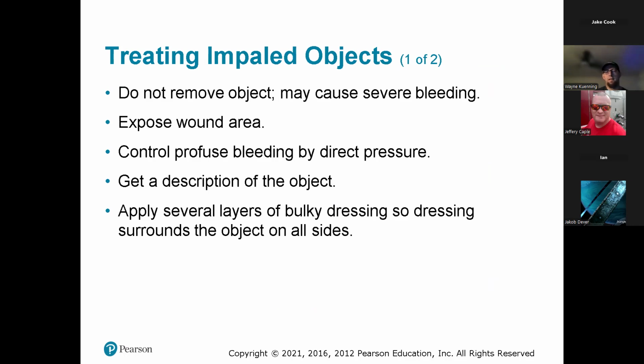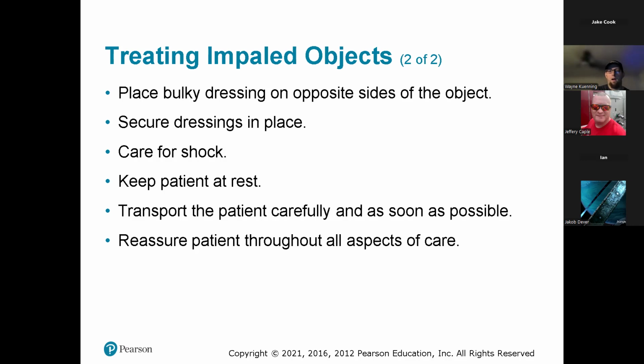Control profuse bleeding if you can. And then apply several layers of bulky dressing so it surrounds it and keeps it uniform to the body moving. Once you've got it somewhat secured, tape that whole bulky dressing down to the patient's body as best as you can.